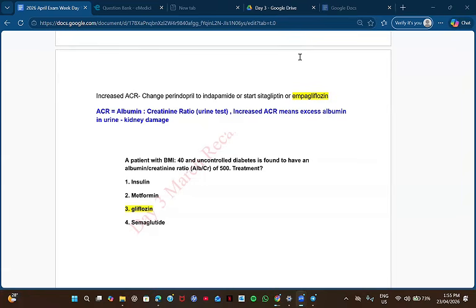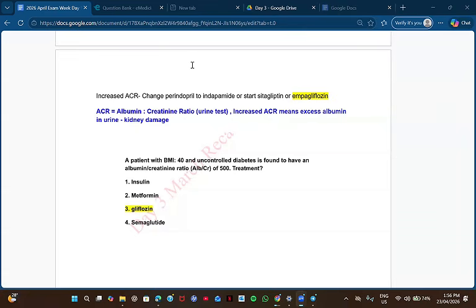The only theory you should know here: increased ACR means what? The albumin creatinine ratio increases on this urine test. That means there is excess albumin in urine. Excess albumin in urine is the main thing you need to remember.